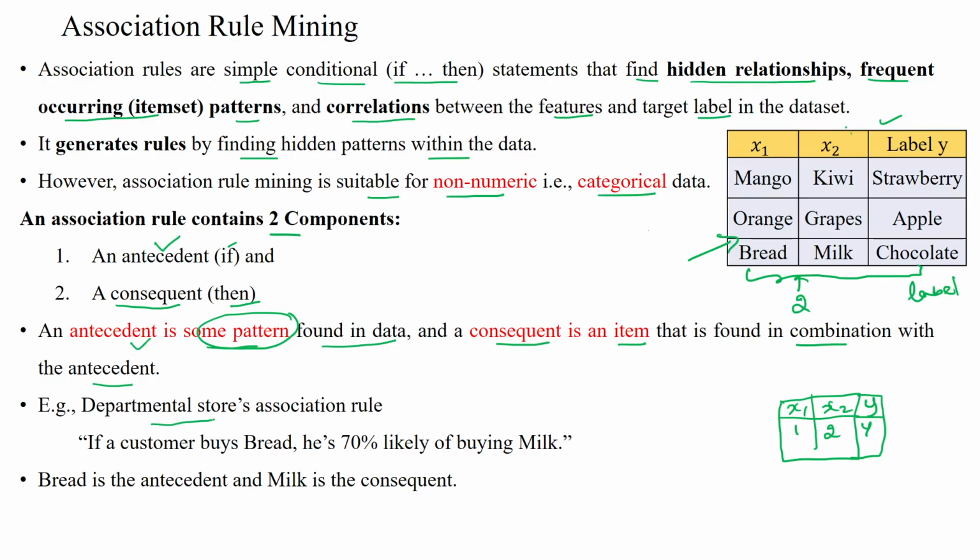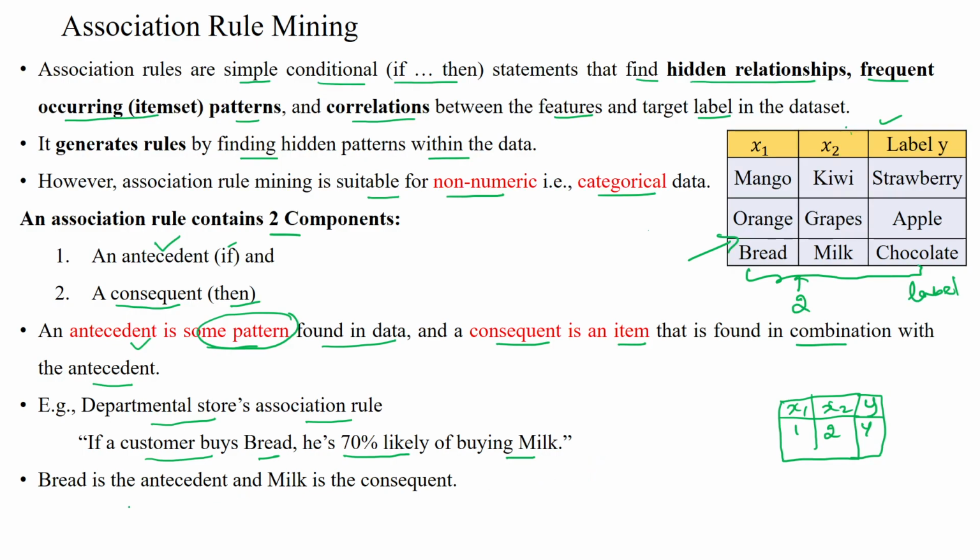For example, a departmental store is having so many association rules. In that, if a customer buys bread, he is 70 percent likely to buy milk. Likewise, if a person is buying bread, there is a 70 to 80 percent likelihood of buying tea powder.